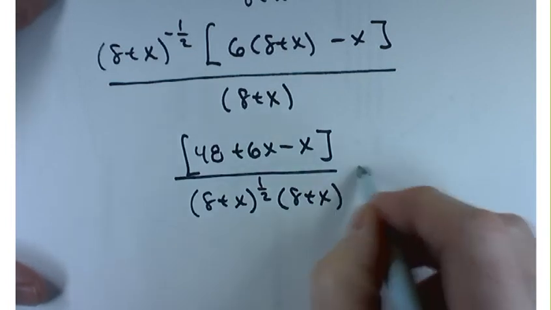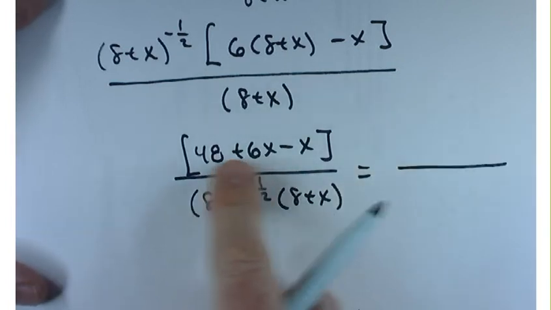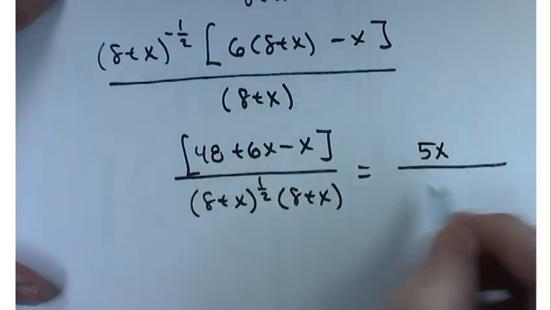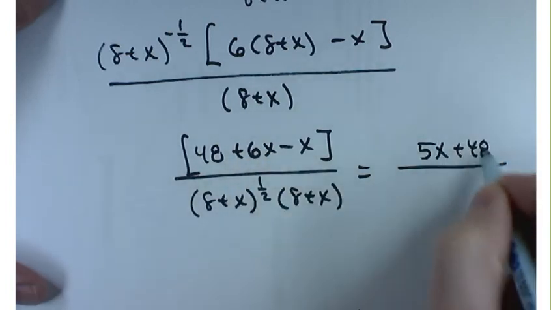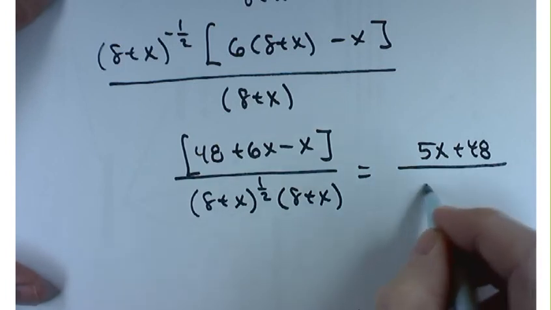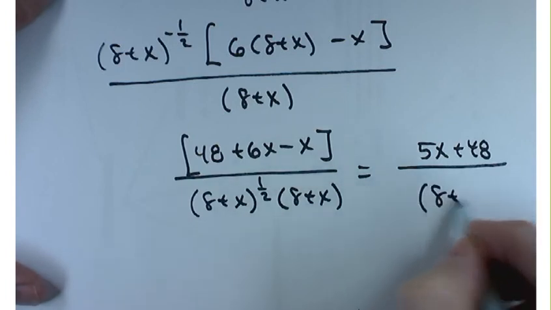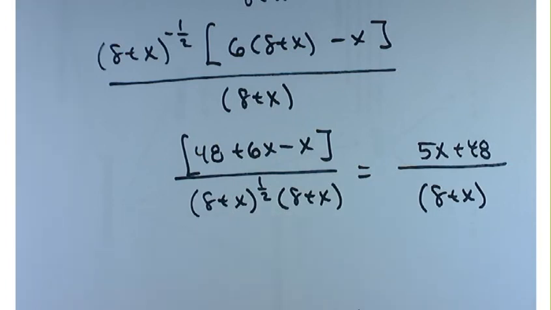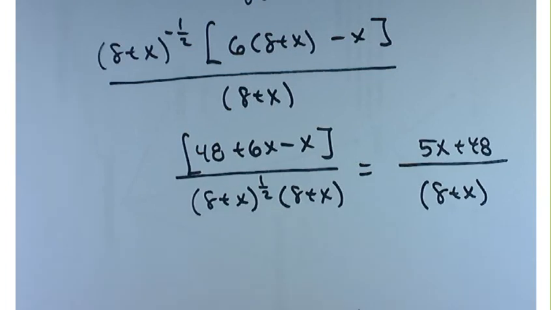We're almost done here. 6x minus x gives me 5x plus 48. And in the denominator, I can simplify that as well. What's the rule when you multiply things with the same base? What do you do with their exponents? Add them.